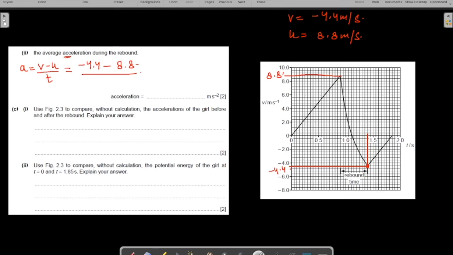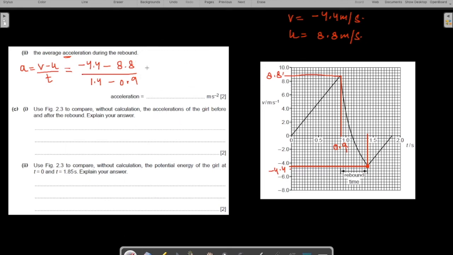Yes, it is 1.4, minus the time here, which was 0.9. Solve this and you should be getting your answer correctly.